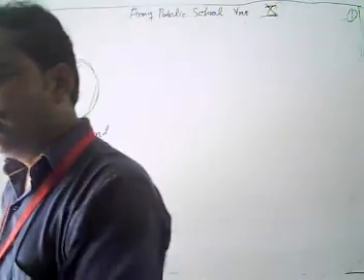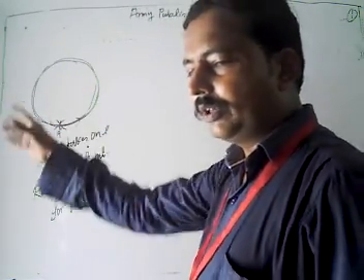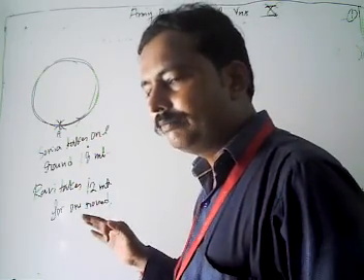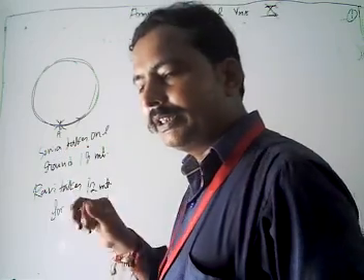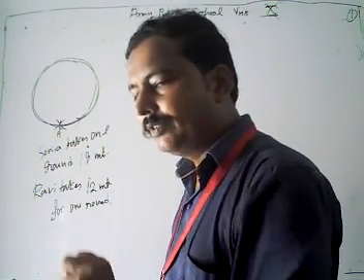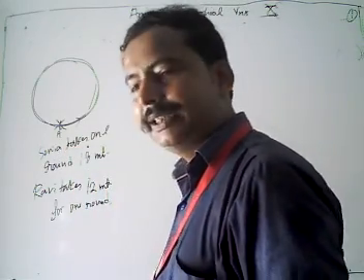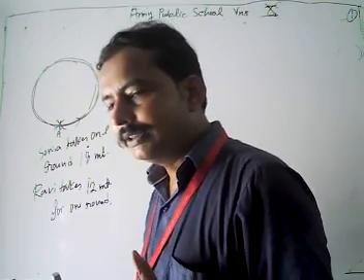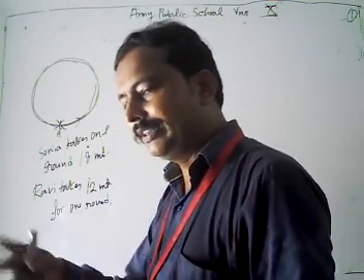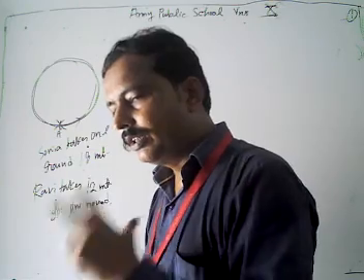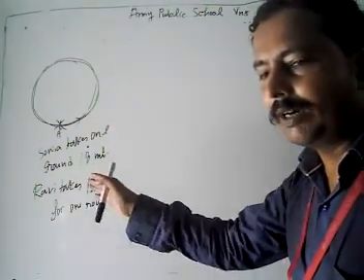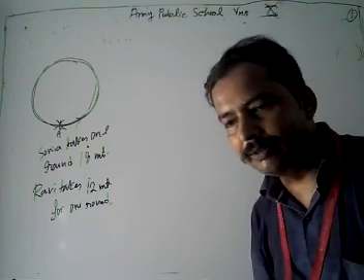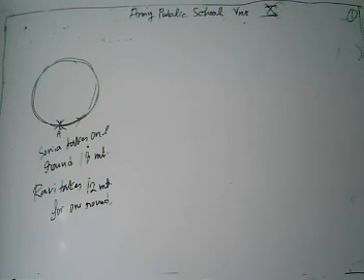The least time at which they will meet again is the time divisible by both 18 and 12. So we are going to find the LCM of 18 and 12.